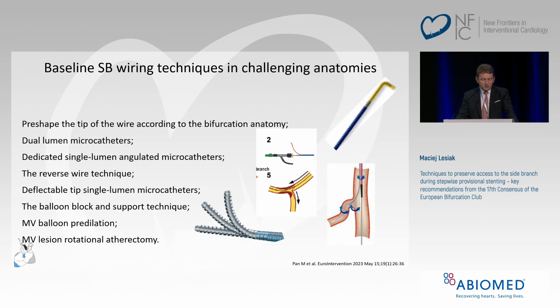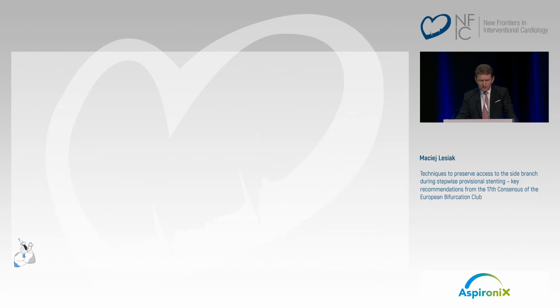Then you can use the reverse wire technique. I will show you how to do this. Sometimes we have to pre-dilate the side branch. We don't like it, but sometimes it really helps. And sometimes, to remove the high plaque burden at the takeoff of the side branch, we use some ablation techniques.